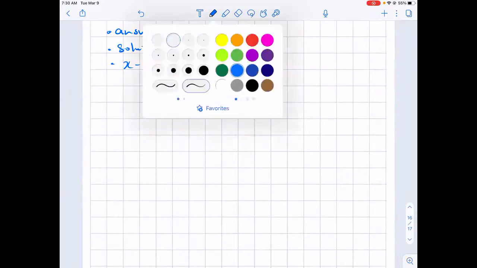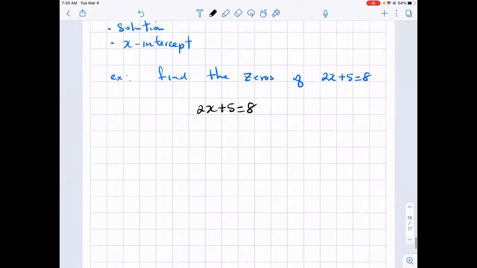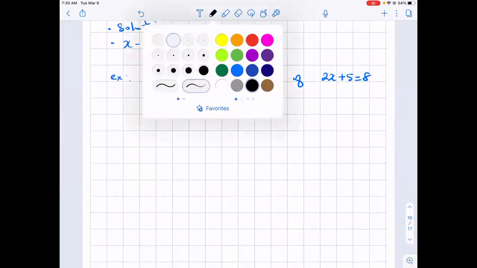So example, if I say find the zeros of 2x plus 5 equals 8. To do this, we'll take 2x plus 5 equals 8, and solve for x.